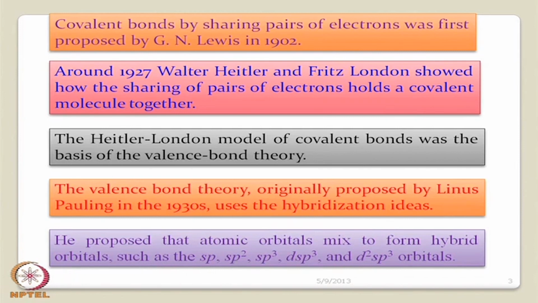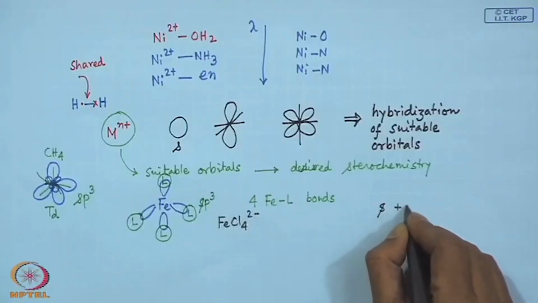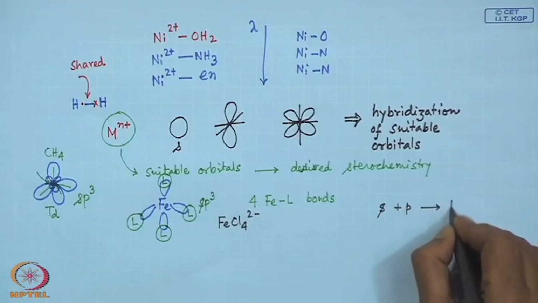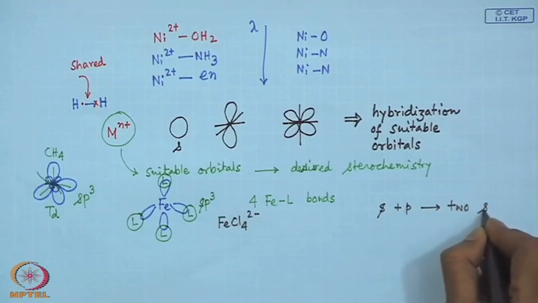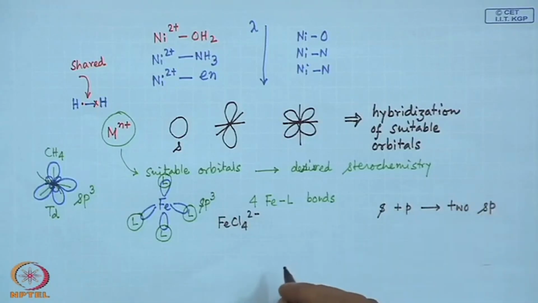These combinations are sp for mixing of 2 orbitals, s and p, giving rise to a linear orientation. If we have the sp orbitals, that means mixing s with p giving 2 sp orbitals.